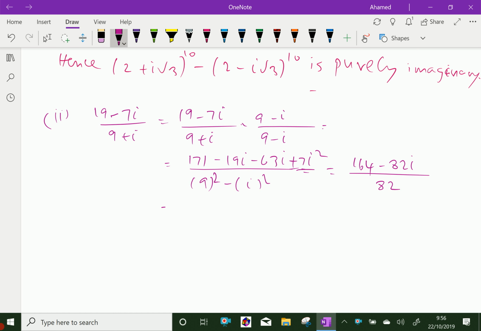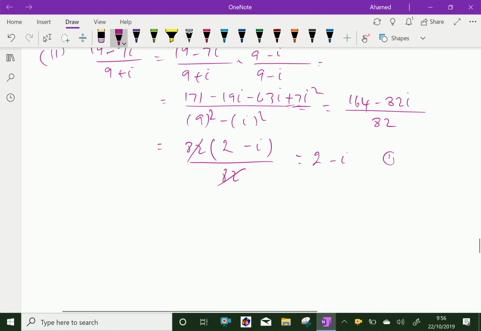Then further we can take 82 out. It gives 82 times (2 − i) over 82, cut both, it gives 2 − i. Now let it be 1.